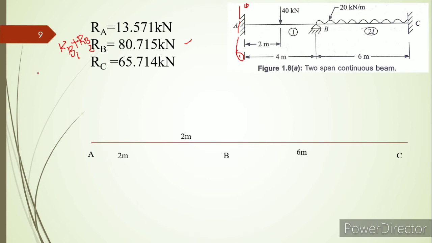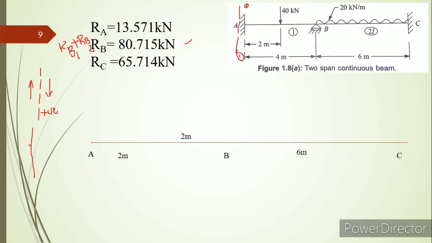Then we know the sign convention for shear force: if the force on the left hand side of the section is in the upward direction, or a downward force is acting on the right hand side of the section, this will be considered positive.